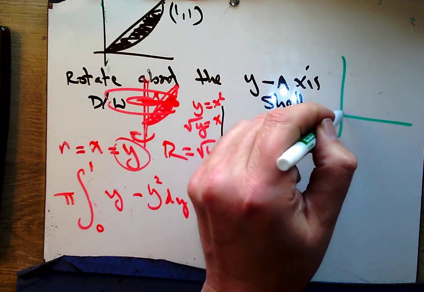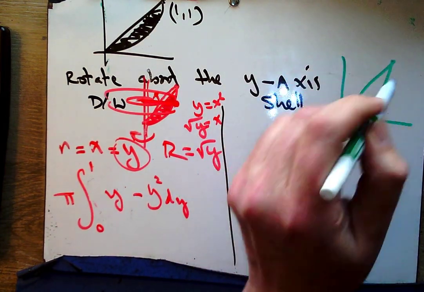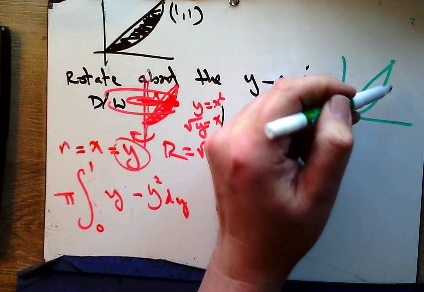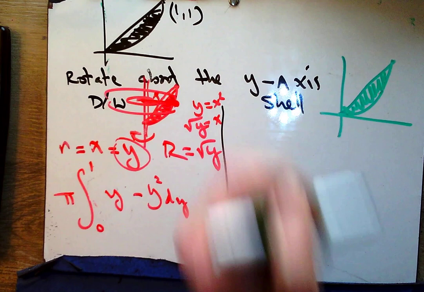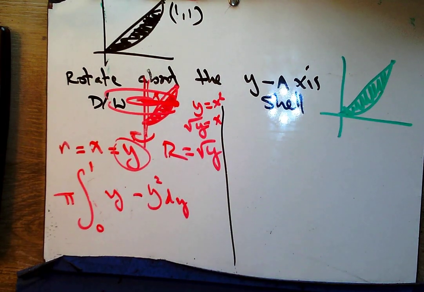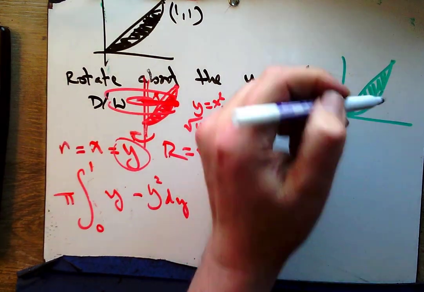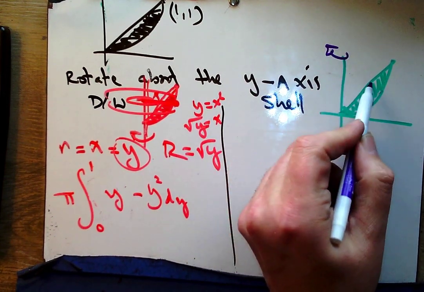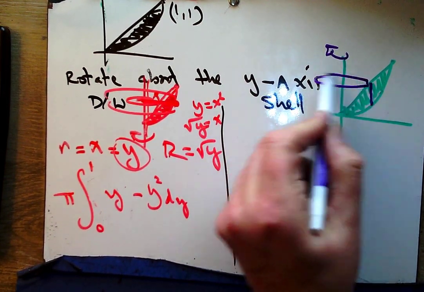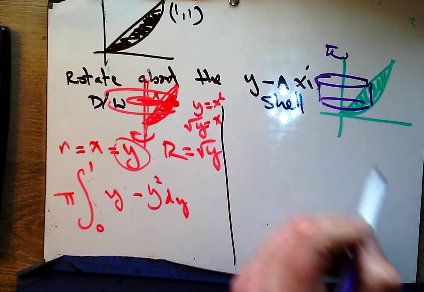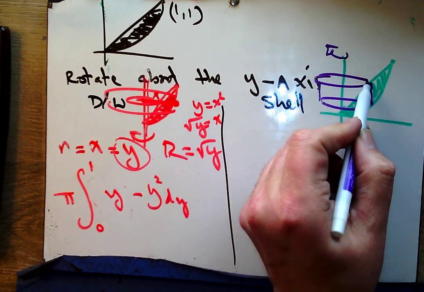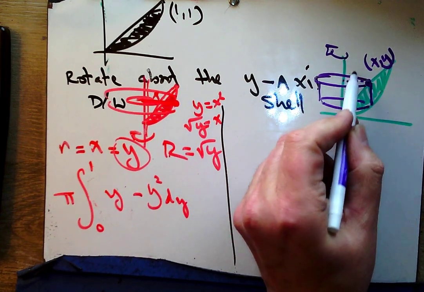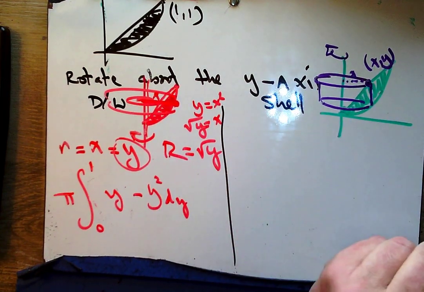Now, what about doing that same problem? But this time, we're doing shells. And so with shells, I want to draw something that is parallel to the axis of rotation, and we're going around the y-axis. So there's my shell. Now, this ordered pair, x, y, well, that is x, and that's my radius.